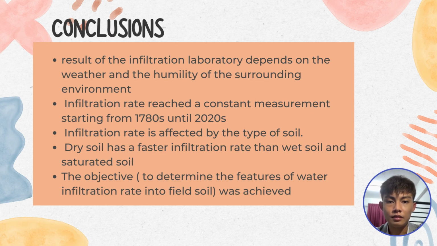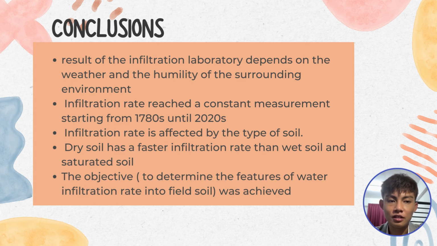Now I will begin the conclusion part of this infiltration lab. We can see clearly that the result of the infiltration laboratory depends on the water and the humidity of the surrounding environment, which makes it difficult to get the result and the data analysis.